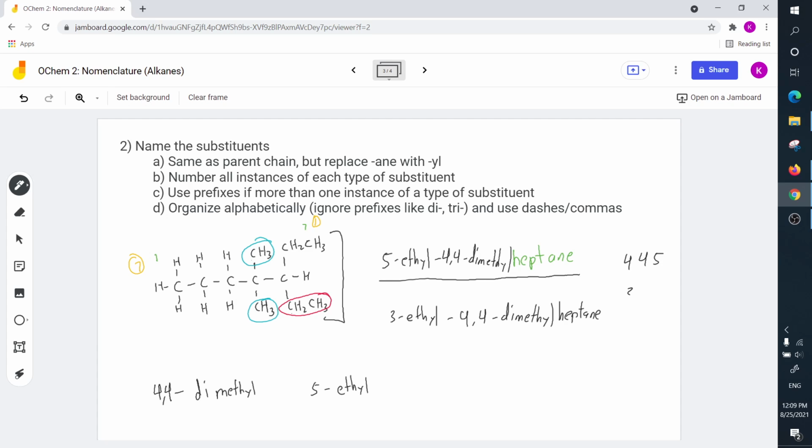Bottom one, we have 3, 4, 5. So let's do a battle comparing which is smaller. So 4 and 3, which is smaller? 3, and then the tie is broken. It doesn't matter if this is, let's say 10 or whatever. Even if this is bigger, doesn't matter. We won the first battle, so we use this name.